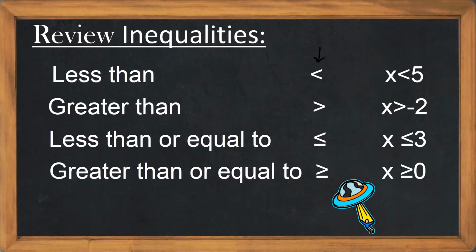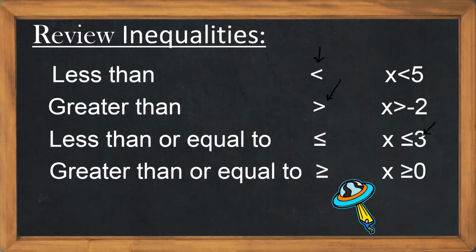When I say strictly greater than, x is greater than -2, so all the numbers that are greater than -2, -1, for example -1.5, it could be a decimal also. But when I say less than or equal, it means it includes 3. So when I say x less than or equal to 3, 3 is included in my interval. So when I count the numbers, I count 3.